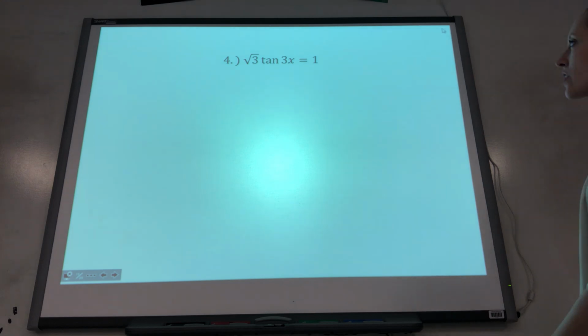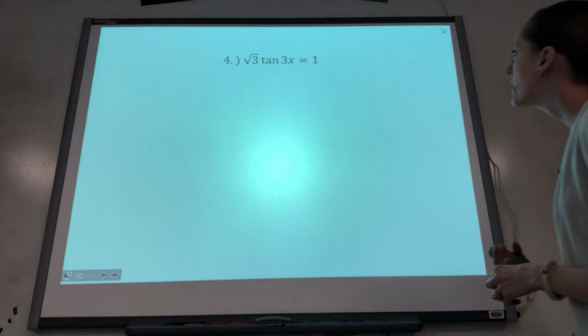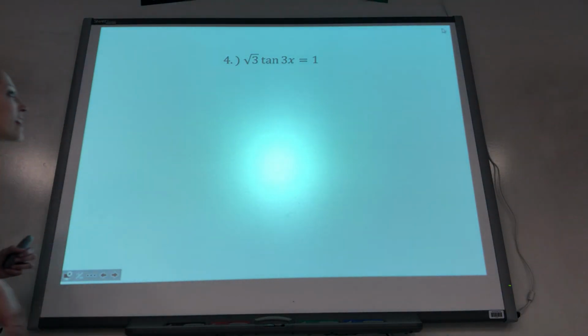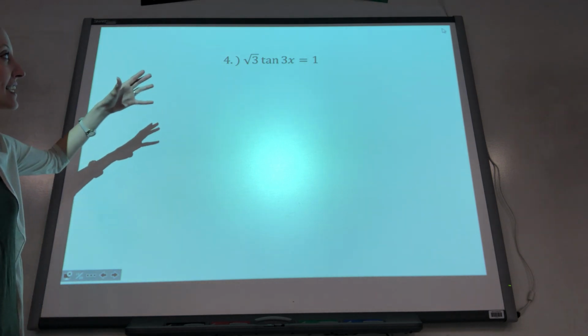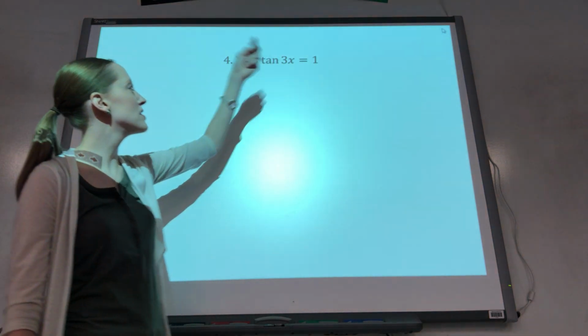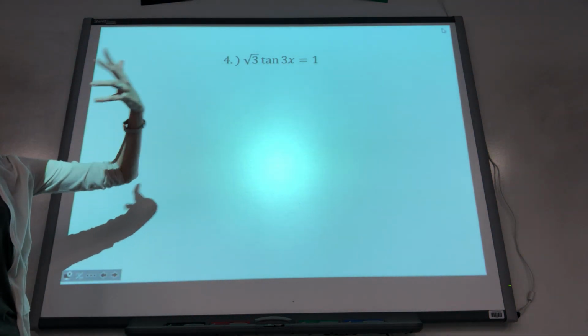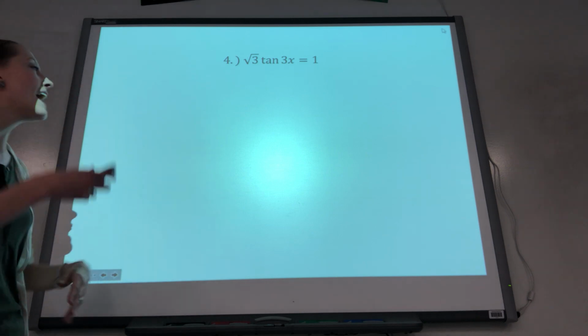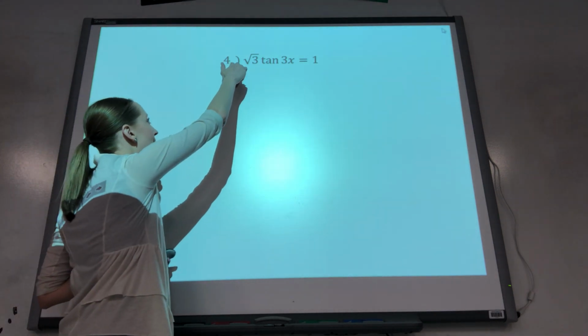It says radical 3 tangent of 3x equals 1. I don't like the radical 3 out front. There are a couple ways you could get rid of it. You could square both sides to get rid of the square root, but then you'll have a tangent squared of 3x, and you'll probably have to square root later, and that's a little bit more work than we have to do.